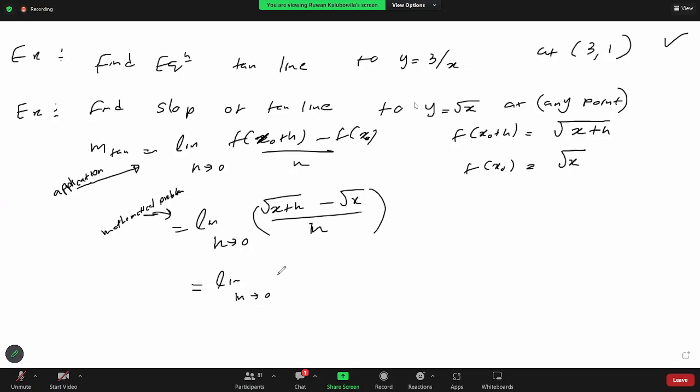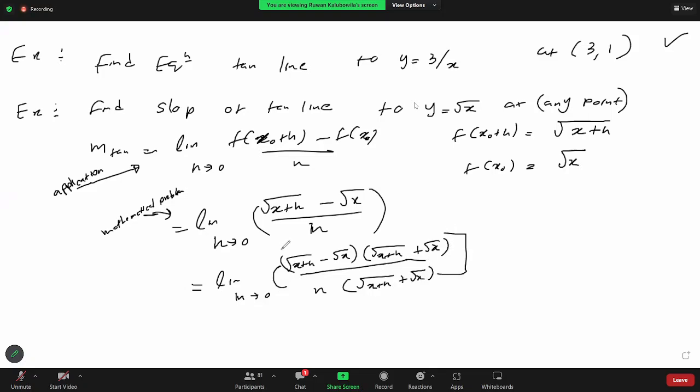So let's multiply by the conjugate. Here the simplification in the numerator is x plus h minus x.